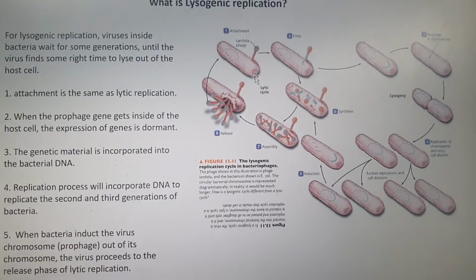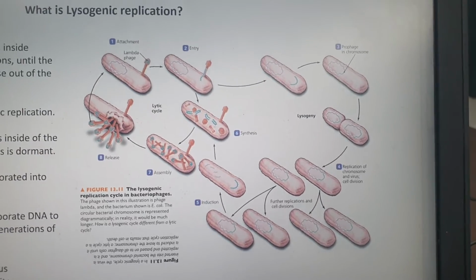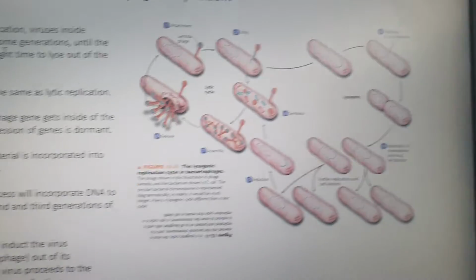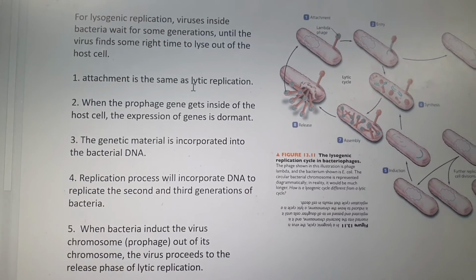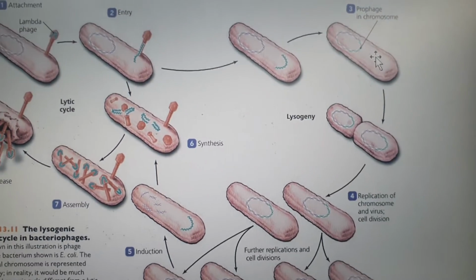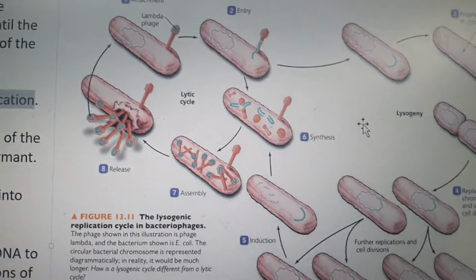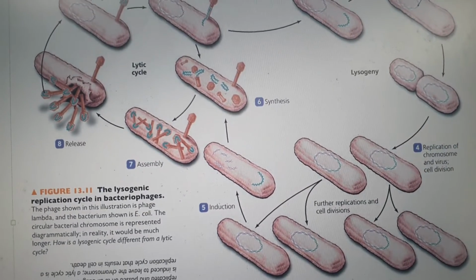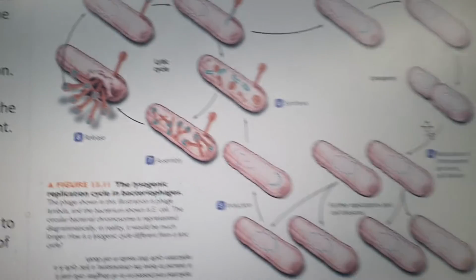Lysogenic replication is different from lytic replication. The first step is the same as lytic replication. It gets attached. When the prophage gene gets inside the host cell, the expression of the gene is dormant.